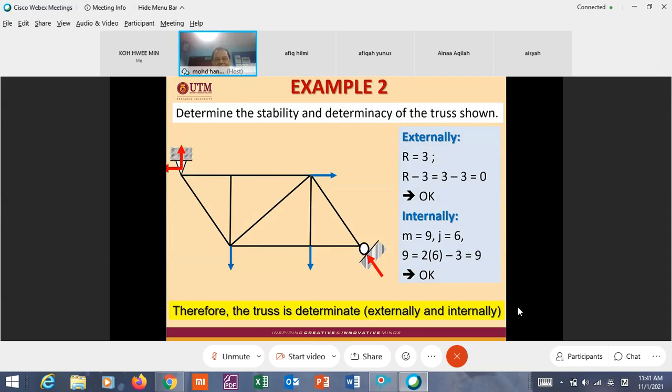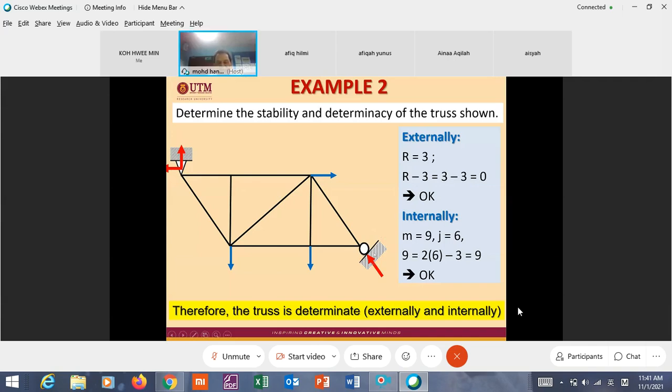We have another example here. Example 2. How many reactions? 1, 2, 3. For this case, this is a roller, even though it is slanting, not horizontal or vertical. As we have learned in first year in friction, for the roller, the reaction should be normal to the surface. Then we only have one reaction.